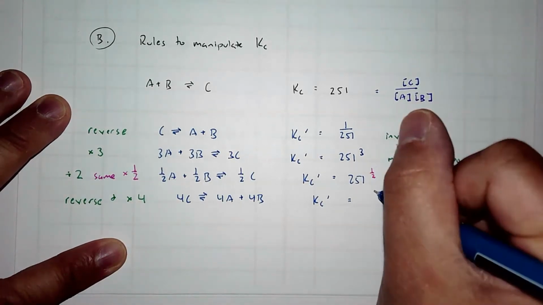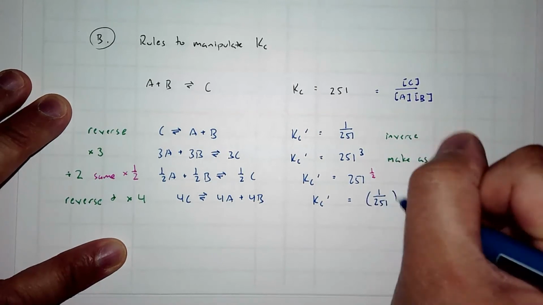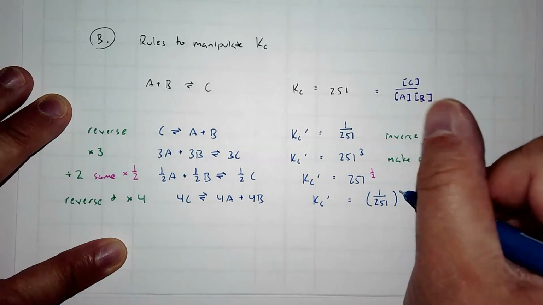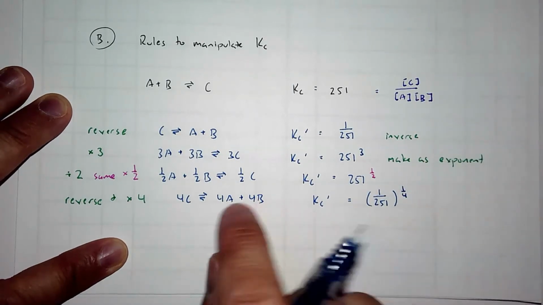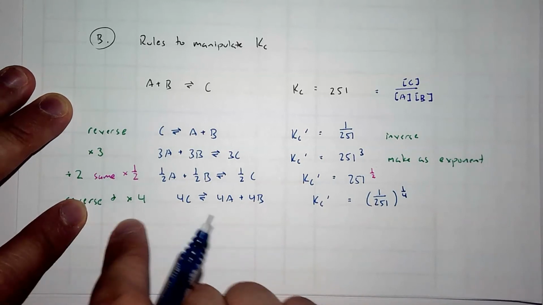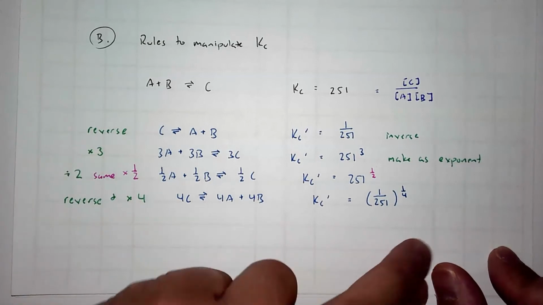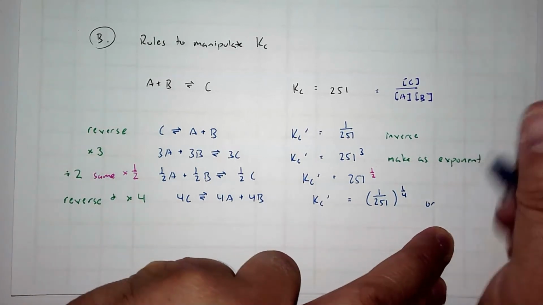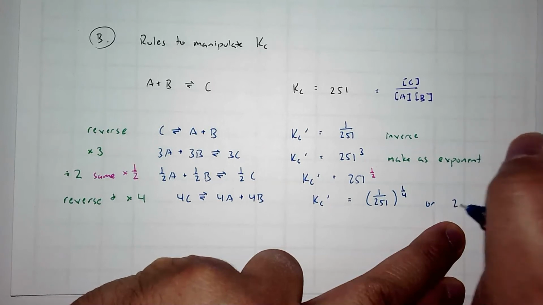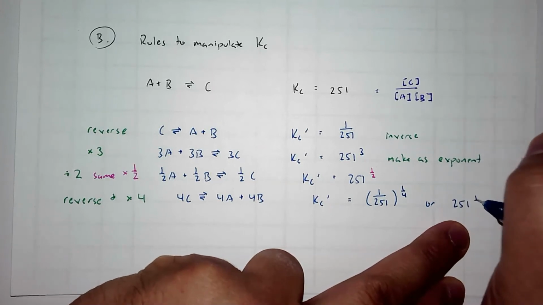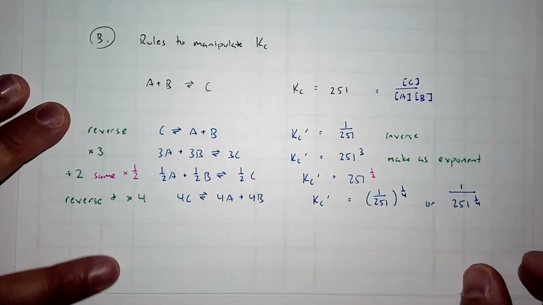I'm showing you this example because on the calculator, it actually doesn't matter which you do first. Do you want to take the inverse first and then raise it to the 1/4 power, or do you want to take the Kc, raise it to the 4th power, and then take the inverse?